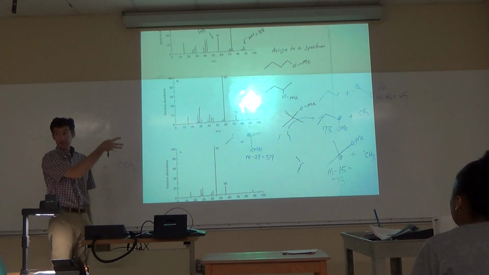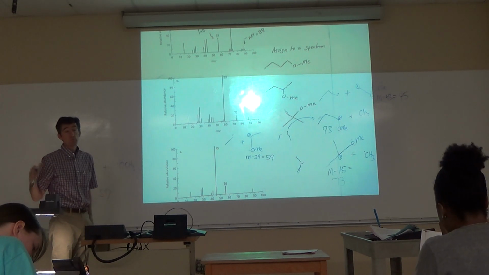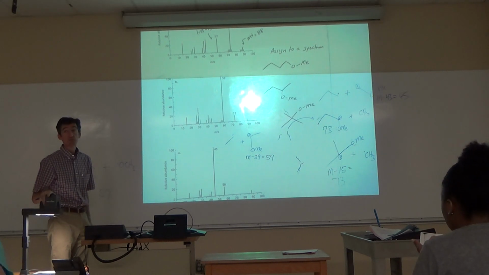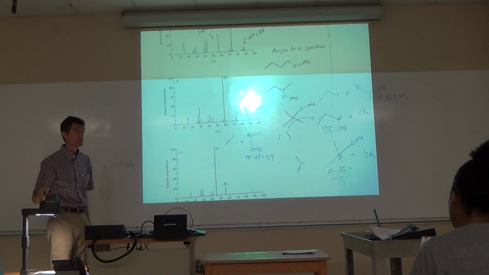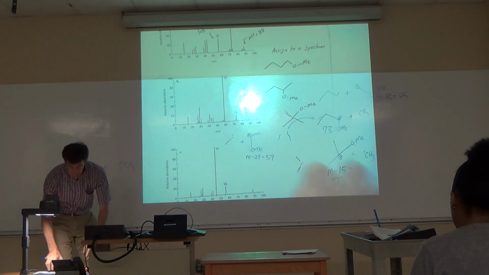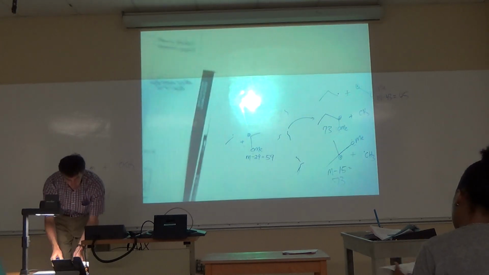If those had different masses, then you wouldn't have to look at cleavage. You could just look at the molecular ion. That would be quite simple. Typically with mass spec, you are asked to look at the cleavage peaks. Doesn't mean you have to. It depends on what you're doing and what the choices are.